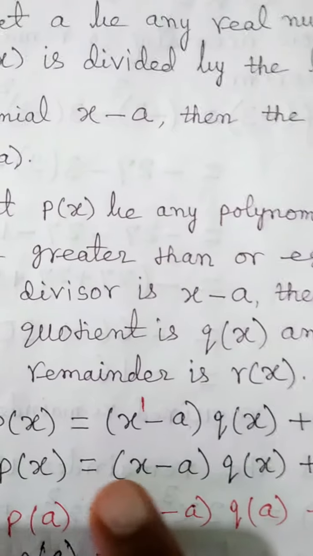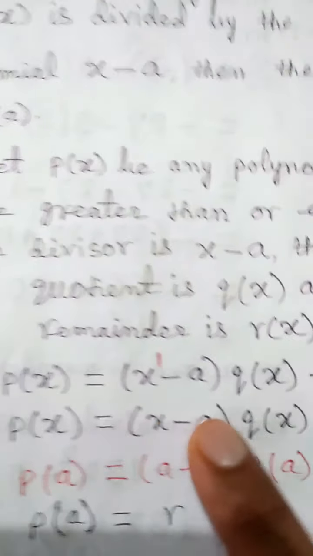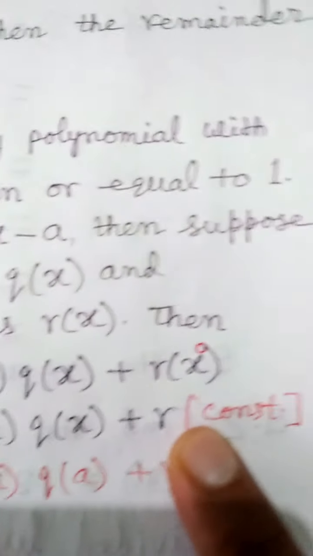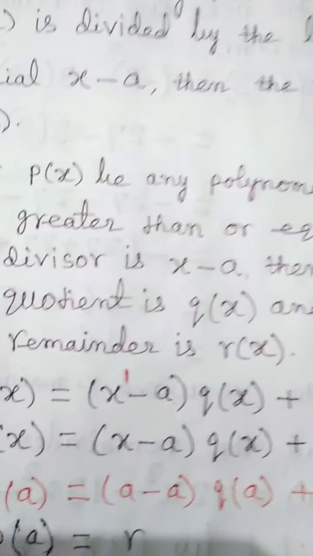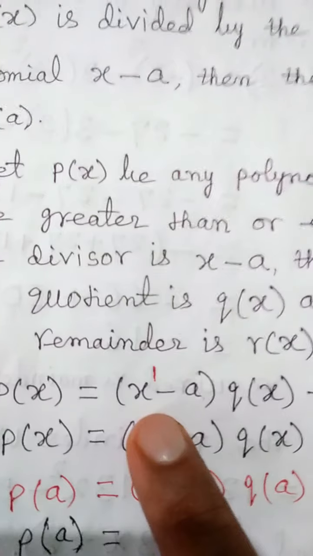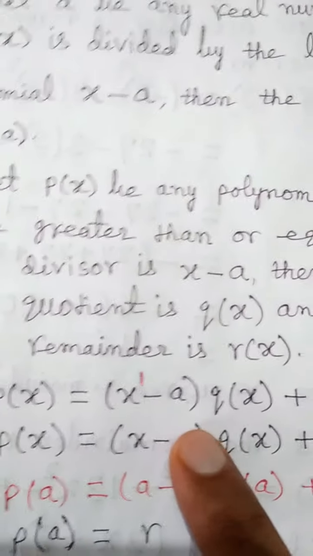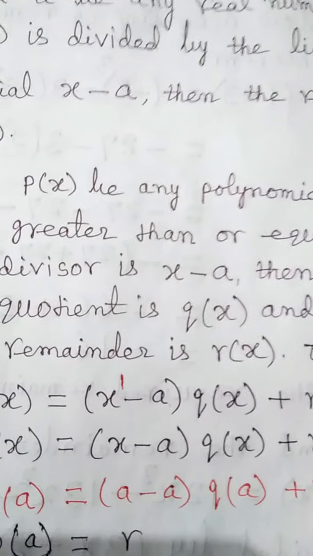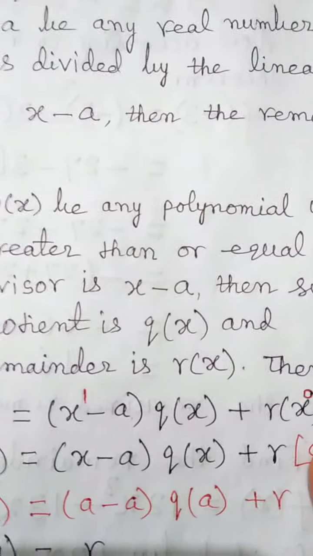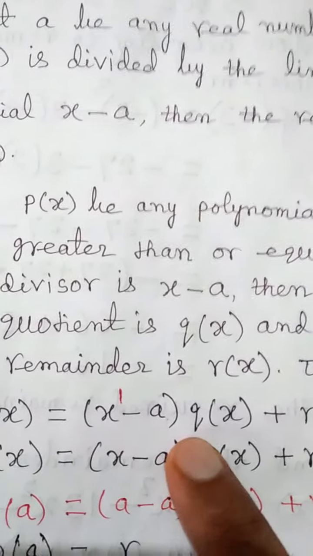Here, as we know, P(x) is equal to (x minus a) into q(x) plus r(x). As x minus a is the divisor and r(x) is the remainder, the degree of r(x) will be less than that of the divisor x minus a.